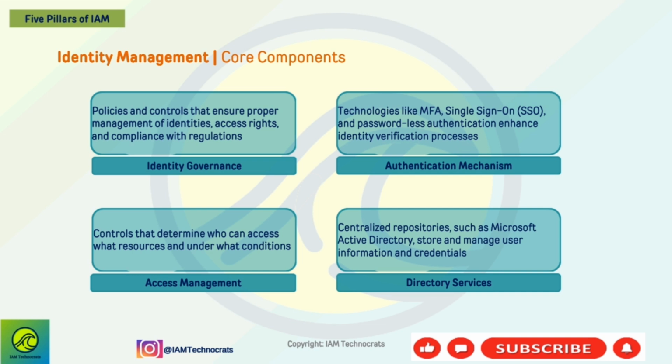The third is access management. Access management controls that determine who can access what resources and under what conditions. The last is directory services. Directory services are centralized repositories such as Microsoft Active Directory, which store and manage user information and credentials.